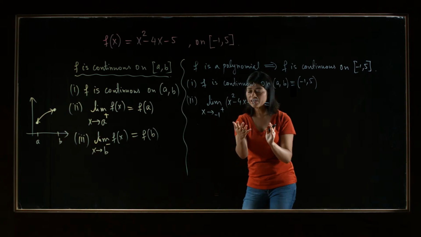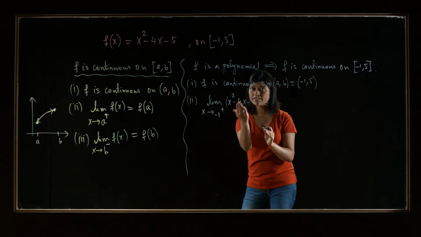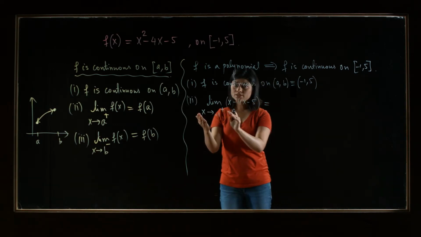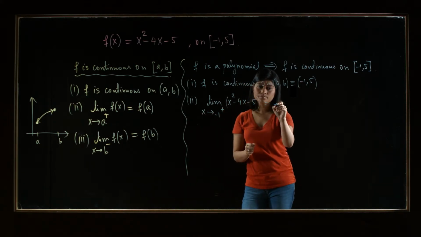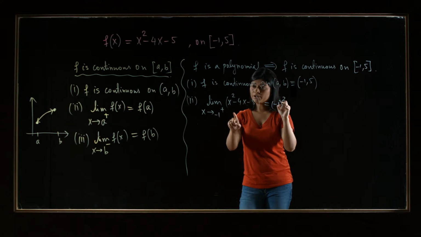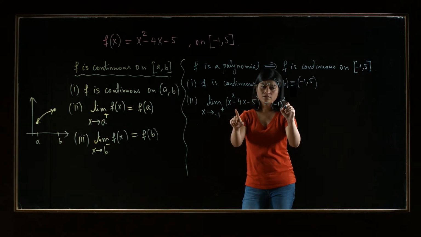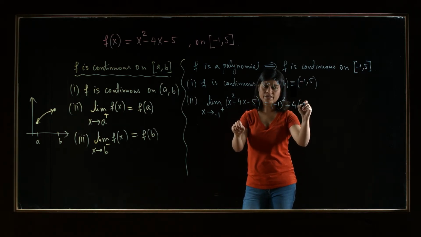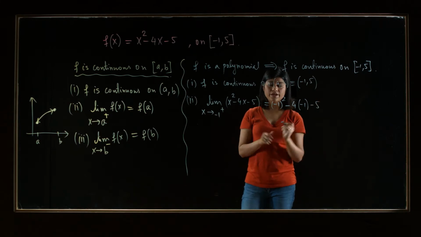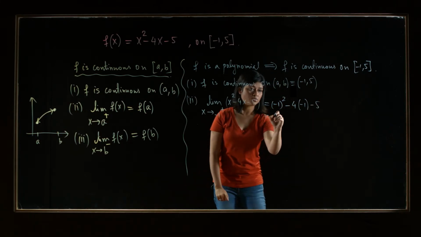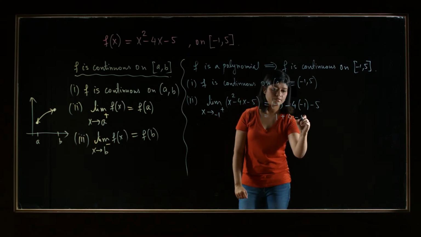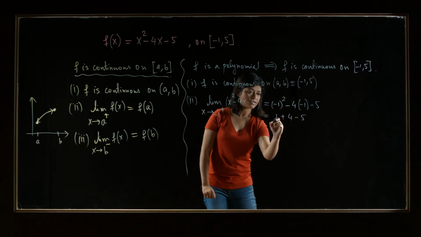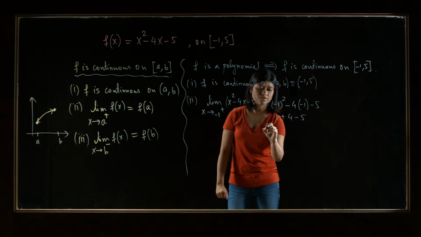There is no denominator, so we can just directly substitute and see if we get a value. So just directly substitute -1 into the function. So we get -1 squared minus 4 times -1 minus 5. So this is 1, this is plus 4 minus 5. So this is 5 minus 5, this is 0.